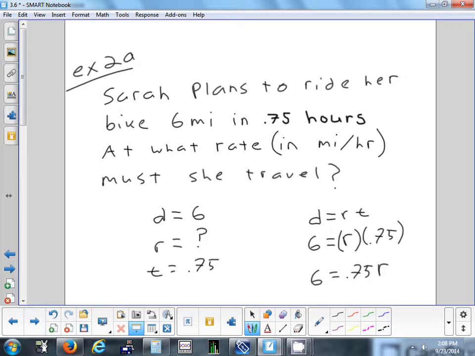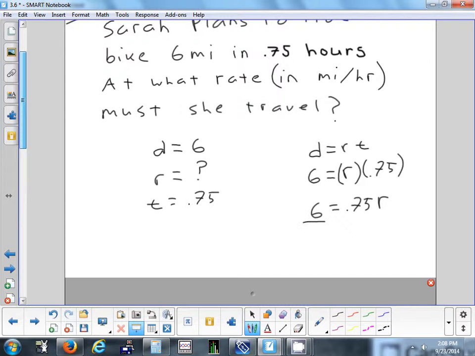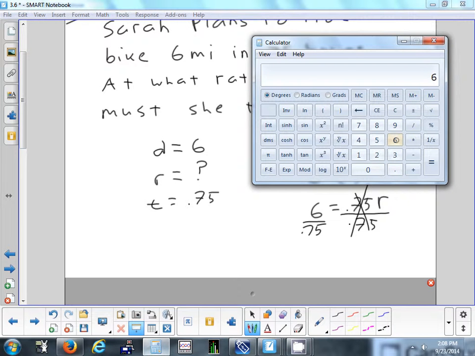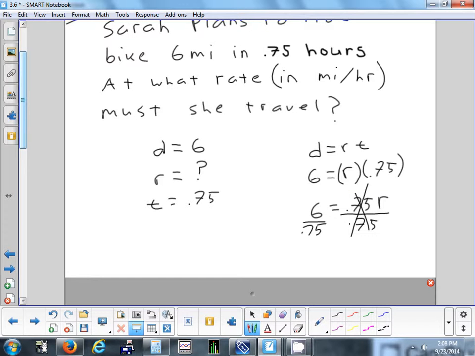What's my last step to get R by itself? Perfect. Divide by 0.75. So 6 divided by 0.75, we just use the calculator, and we get 8 miles an hour. So if she wants to travel 6 miles in 0.75 hours, she has to travel 8 miles per hour. That's the rate. Any question on that?